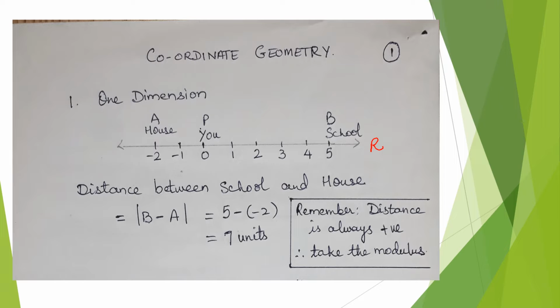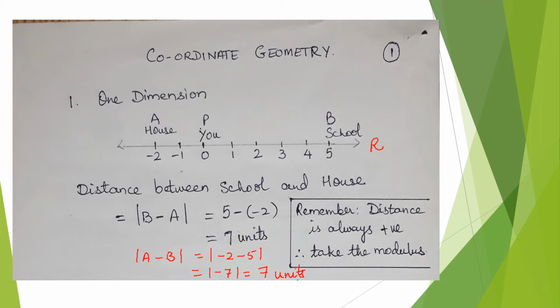In order to find out the distance, all we do is take modulus of b minus a, which will give you 5 minus of minus 2, which is equal to 7 units. Now we can actually also do modulus of a minus b. This will be equal to modulus of minus 2 minus 5, which will be equal to modulus of minus 7, and that is going to be equal to 7 units.